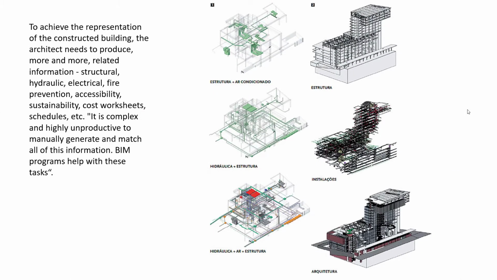There is a question about the complementary disciplines, such as electrical and hydraulic projects, that in many cases are received in DWG, but when working with BIM, the better situation is to have these projects in BIM as well, which is named MEP, Mechanical, Electrical, Plumbing.